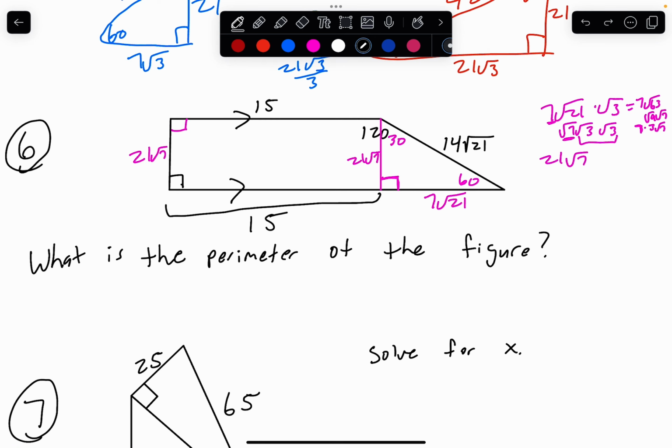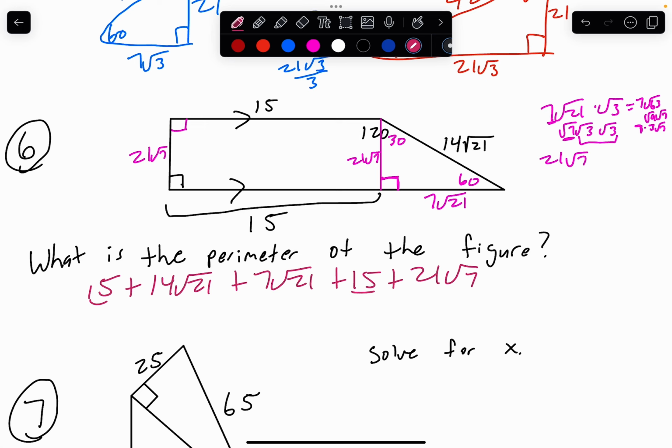So as we go around the shape, this would be 15, 14 root 21, 14 root 21, 7 root 21, another 15, and 21 root 7. Effectively, we got to add up all those outside distances. 15 plus 14 root 21 plus 7 root 21 plus 15 plus 21 root 7.